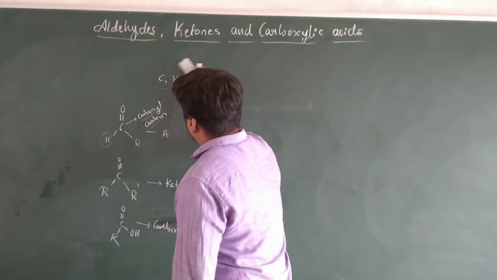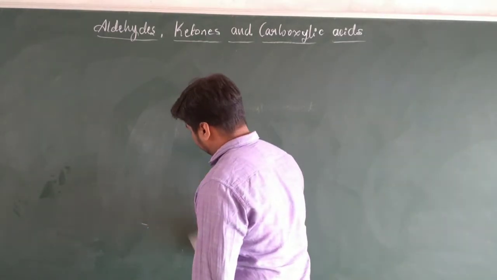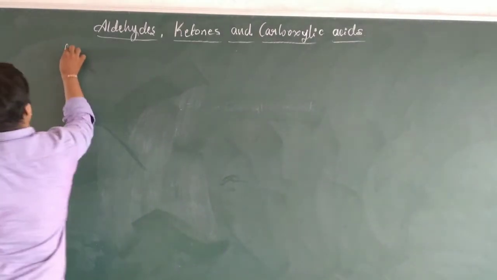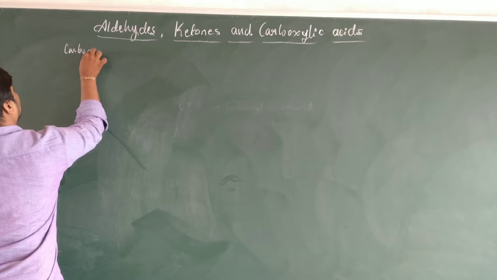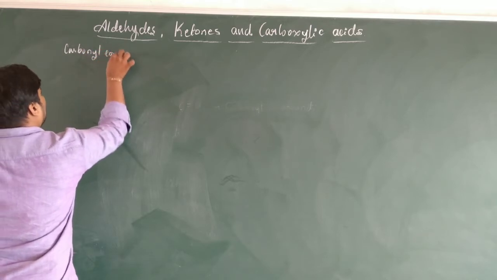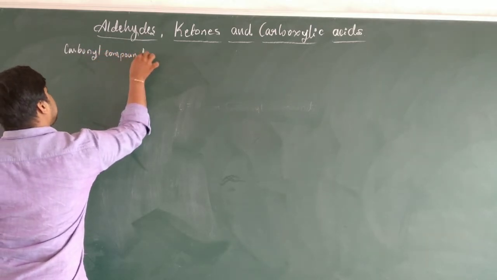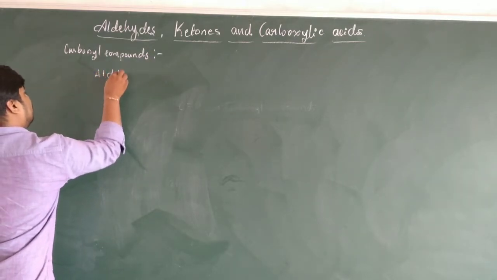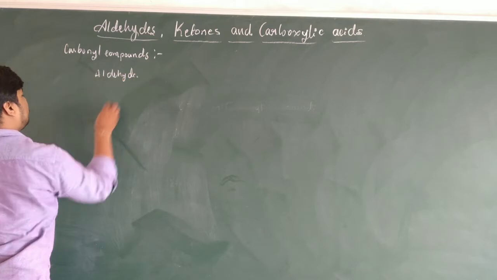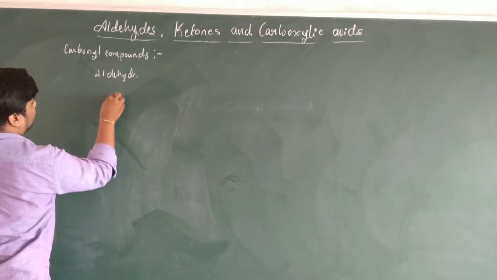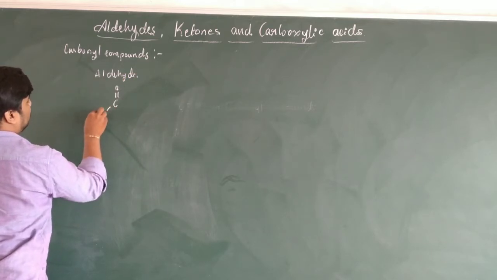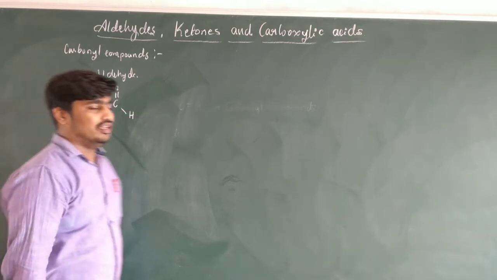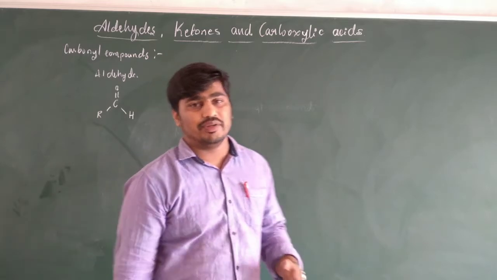Carbonyl compounds. First one is aldehyde. How to represent an aldehyde? Carbon, oxygen double bond, with an alkyl group on one side and hydrogen on the other. How many bonds on carbon?